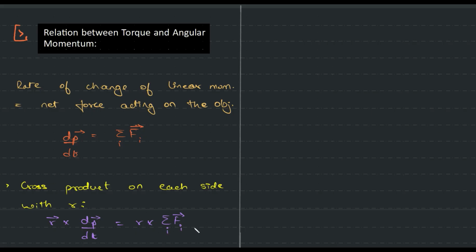What is this quantity? This is nothing but your torque, right? And also I'll use the additive identity and write this. I'll explain why. I'm going to write plus 0 is equal to your net torque.